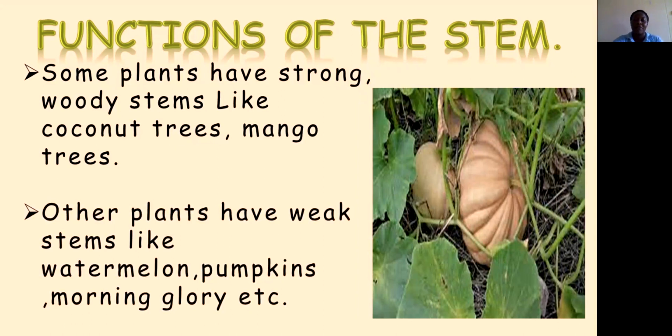Other plants have weak stems like watermelon, pumpkin, morning glory, and many others. They cannot stand on their own, so they lie on the ground because their stems are very weak.